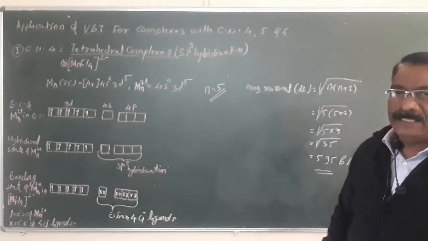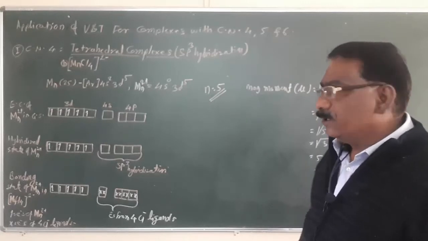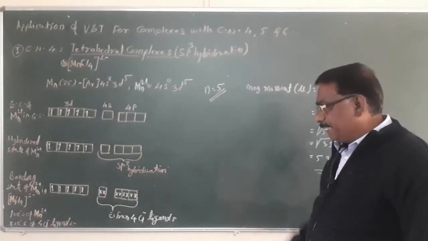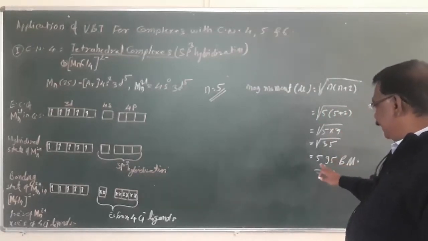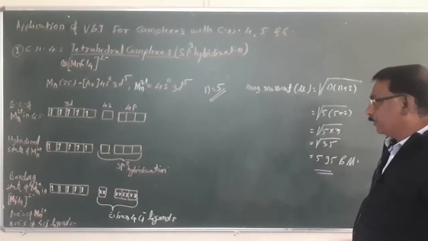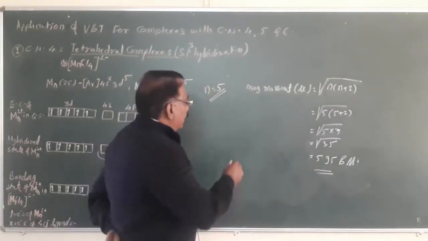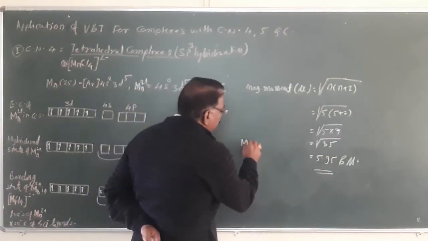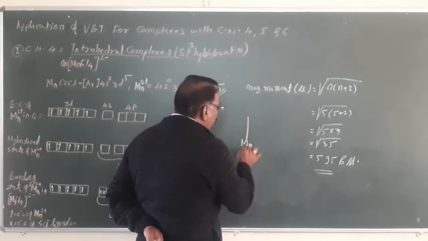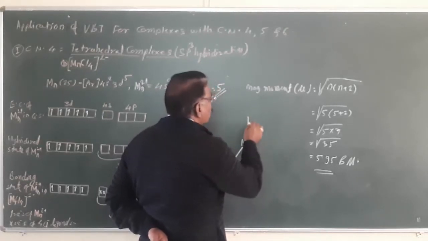Thus, this MnCl4 2- complex, according to VBT, is paramagnetic with a magnetic moment of 5.95 Bohr magneton. This complex shows tetrahedral geometry. In the tetrahedral geometry, Mn is placed at the center of the tetrahedron, and the 4 ligands are at the 4 corners.